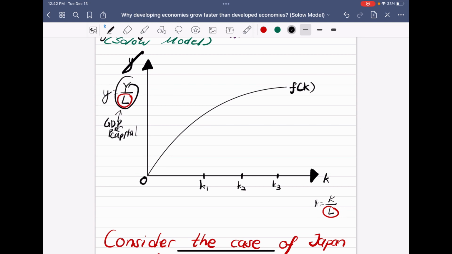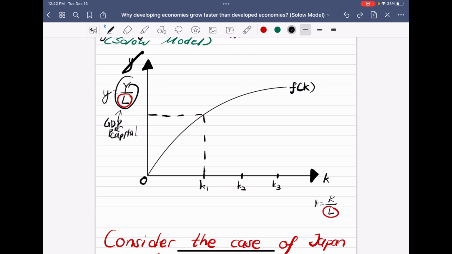Okay. So let's say you are a developing economy and you have a certain capital per labor, and that is low, right? Because you're a developing economy, you're still investing in your capital, so your labor is a lot maybe, so your capital per labor is kind of low. Once you invest in that new capital, you increase the capital, and that capital becomes very productive, right?